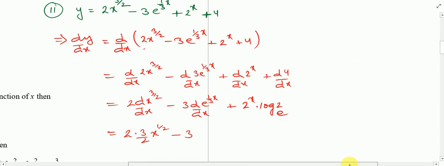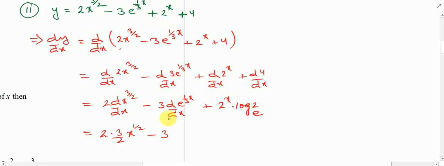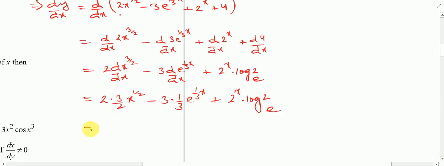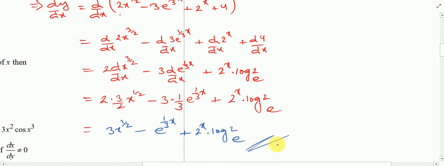So for this one we will get 1 by 3, then e to the power 1 by 3x. Done. Now in the next step we just have to simplify and write down the answer. Here the 2 cancels, so you are left with 3x to the power half. The 3 cancels, you are left with e to the power 1 by 3x plus 2 to the power x log 2 base e. This is the answer.